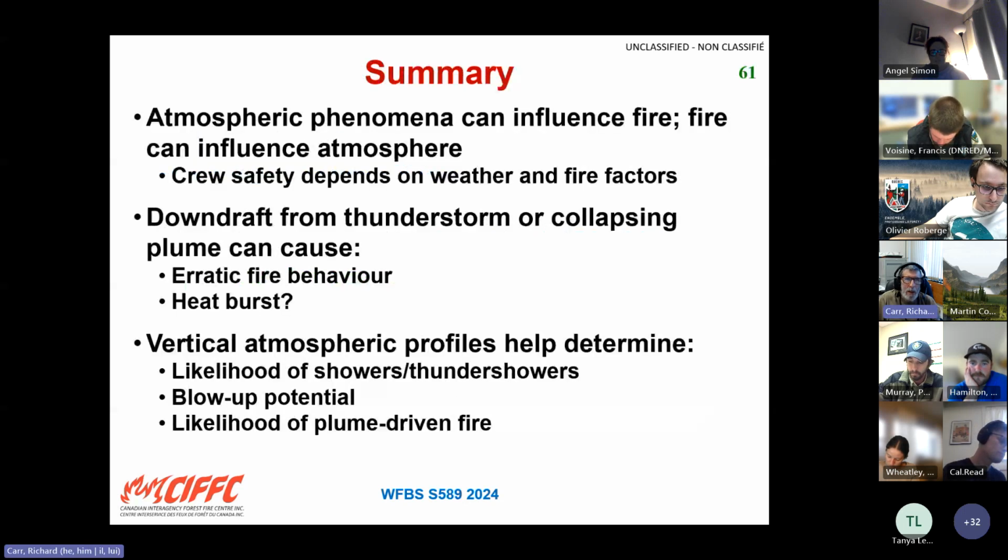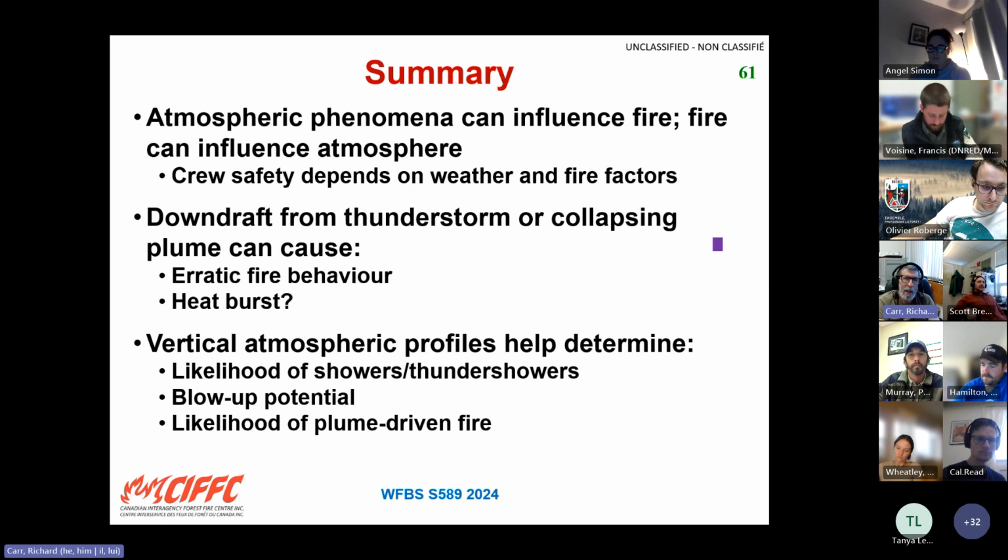All right, so just in summary, you're looking at atmospheric phenomena, and probably just touching a few details here, and there's probably a lot more that people could go into with time and other types of studies. Fire can influence the atmosphere, the atmosphere can influence fire, and these are a couple of fairly complex physical processes.